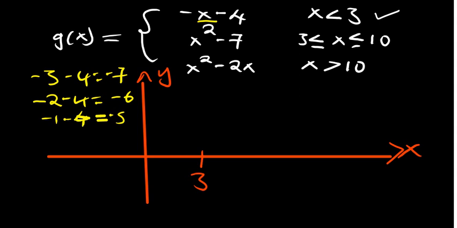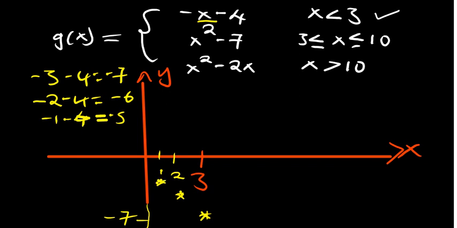So a 2 and a 1. So for a 3, it's giving us -7. So let's say -7 is somewhere there. So that's where we have -7. Then 2 is giving us -6, let's say somewhere there. Then 1 is giving us -5, let's say somewhere there.